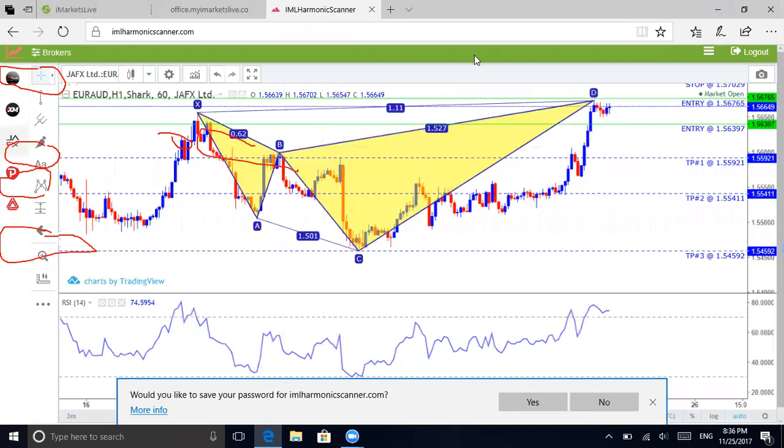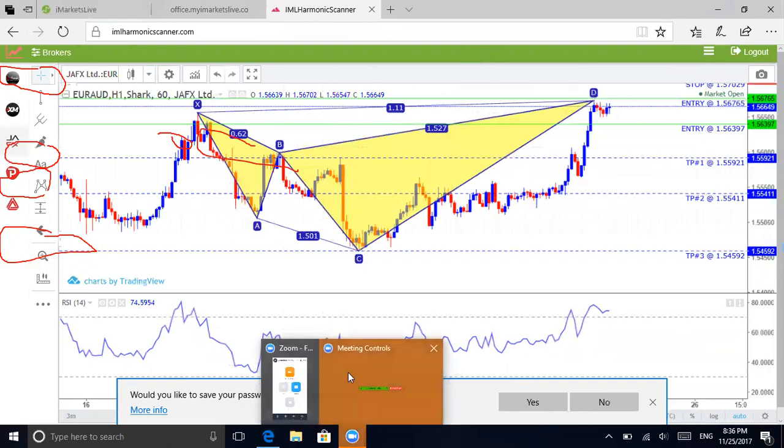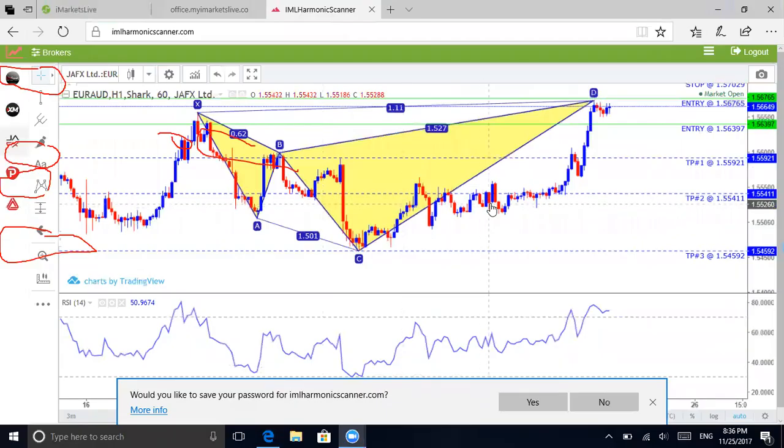Am I making sense? So how about this 80,000 over there? You can't click on that one because it's not moving. There is another 80 something over there, by the RSI.